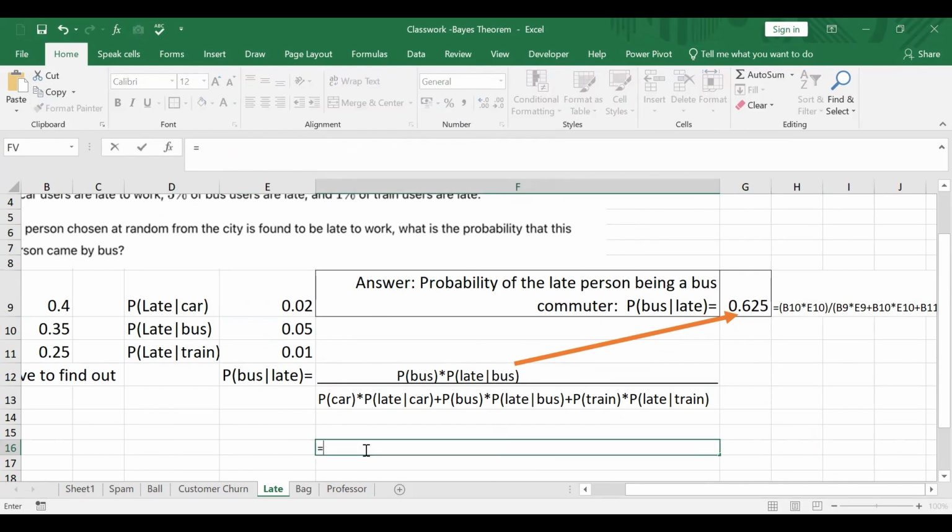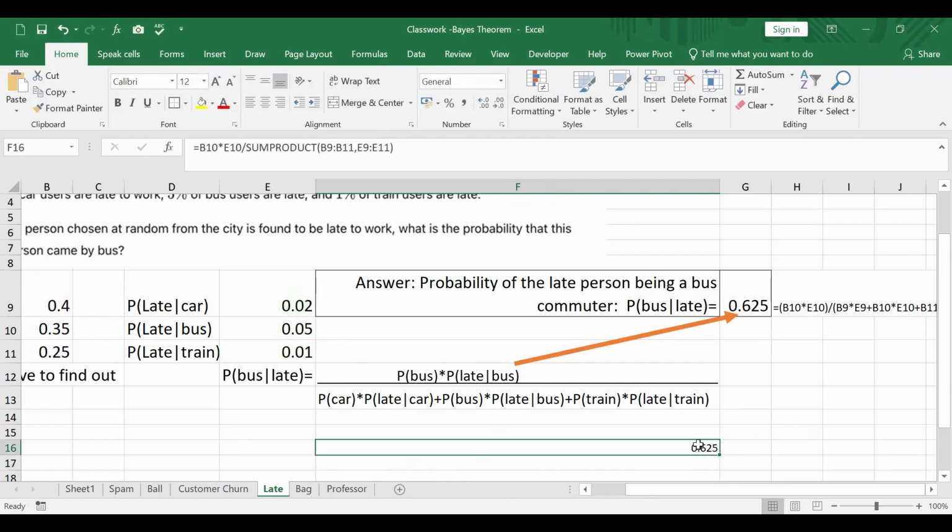So it is equal to B10 star E10 divided by sum product of this column, comma, this column.